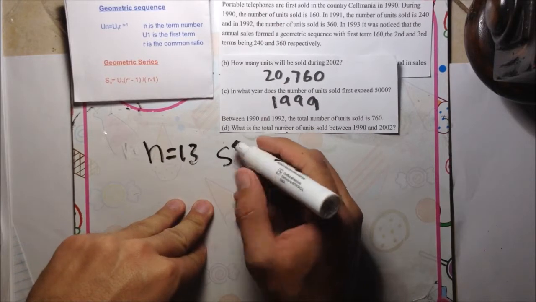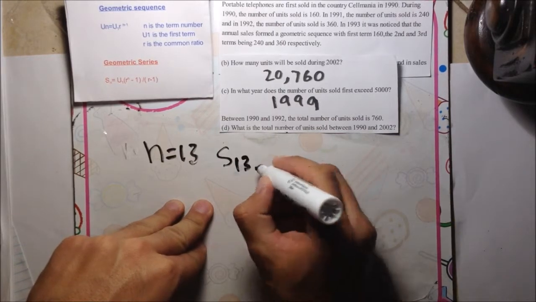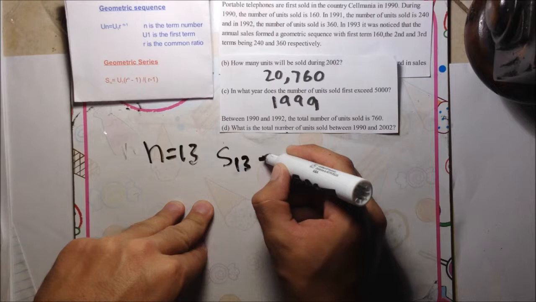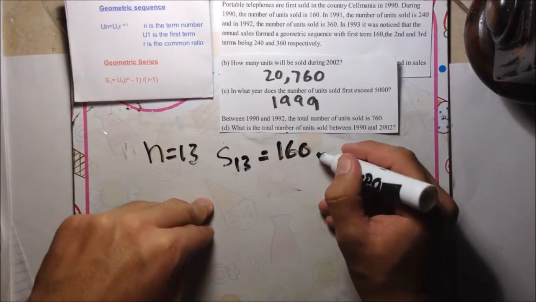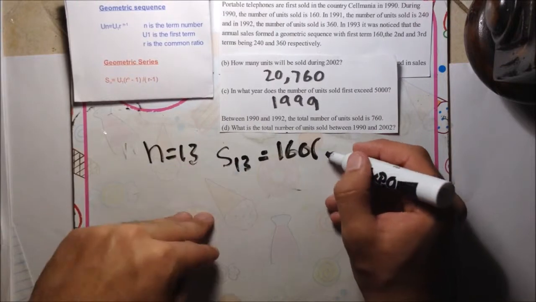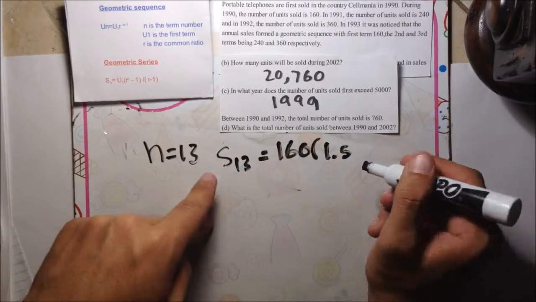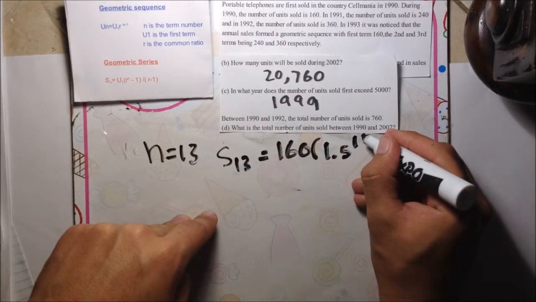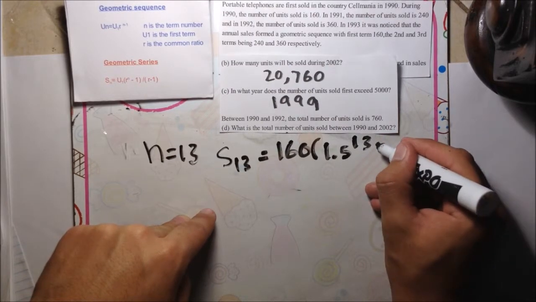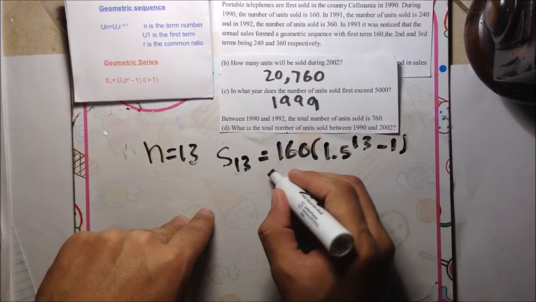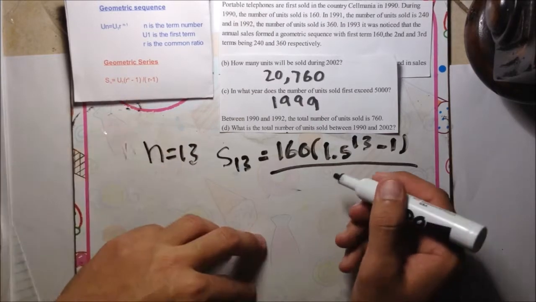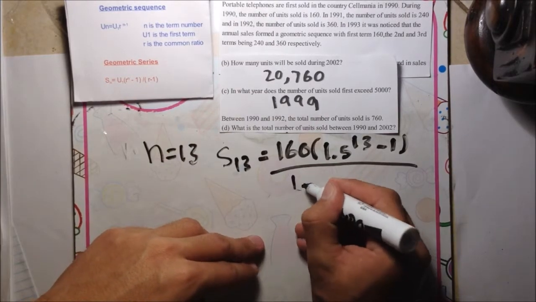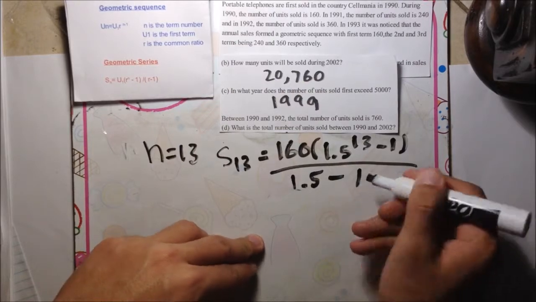So Sn, where n is 13, so S13 equals U1, which is 160, times r, which we already know is 1.5, to the power of n, which is 13, minus 1, all divided by r, which we know to be 1.5, minus 1.